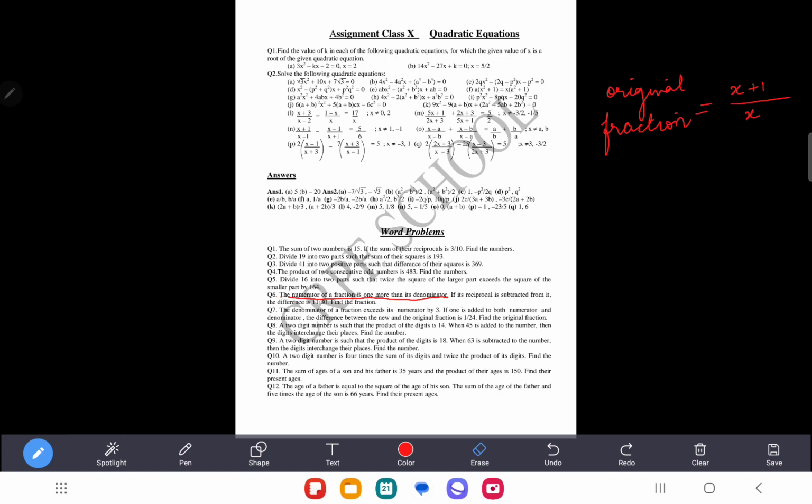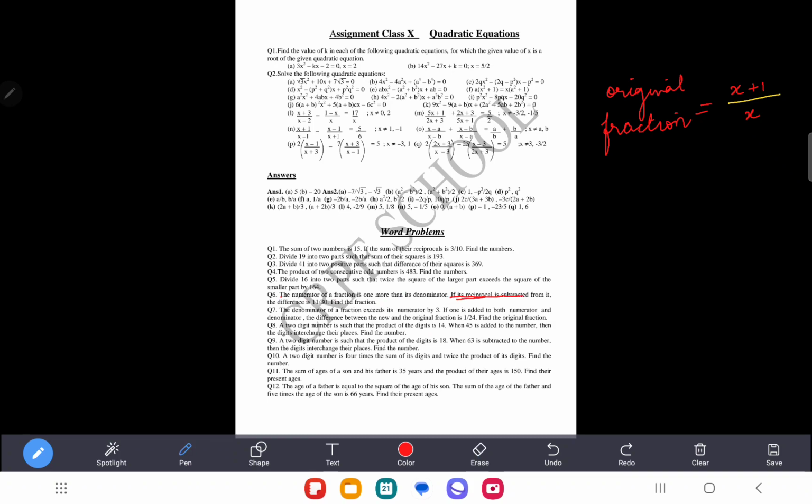If my denominator is x, the numerator shall be x plus 1, isn't it? Because the question itself says that the numerator of a fraction is 1 more than its denominator. Understood or not?